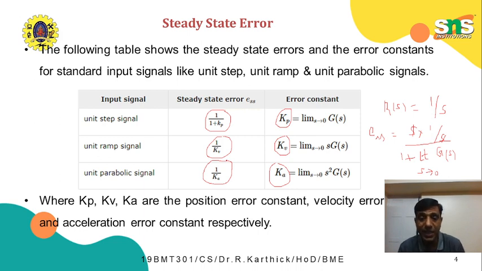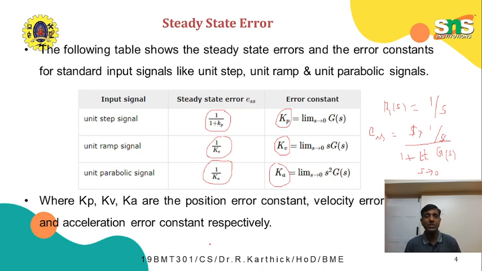So Kp, Kv and Ka, all three are called the static error constants, which are used to define the steady state error for standard inputs like step input, ramp input and parabolic input. This static error constant method will not be applicable if the input R(s) is other than the standard inputs.